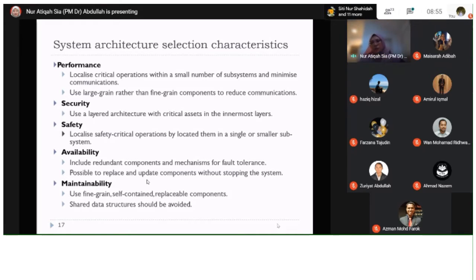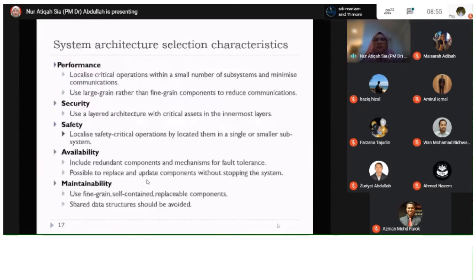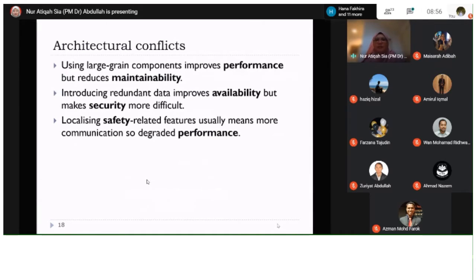Okay, so in terms of this, we have some conflict. Okay, you kata semua non-functional ni ada kebaikan, keburukan dia dan sebagainya. But in reality, when we want to emphasize one or more, it's actually very difficult. Just like your client says, saya nak in terms of the performance, saya nak performance juga and at the same time saya nak maintain.